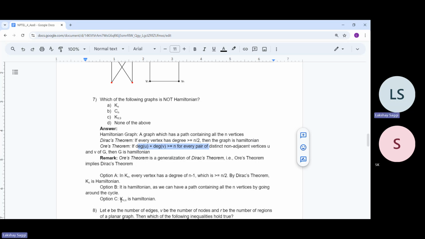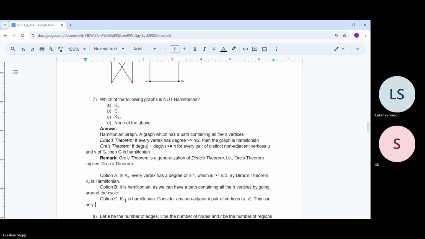In the graph Kn,n, if one vertex lies on the left side and one vertex lies on the right side of the bipartite graph, then between those two vertices there will definitely be an edge. So the only pair of vertices which don't have an edge between them are either both on the left side or both on the right side. So consider any non-adjacent pair of vertices u, v.